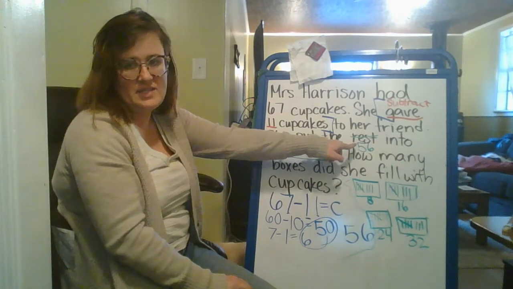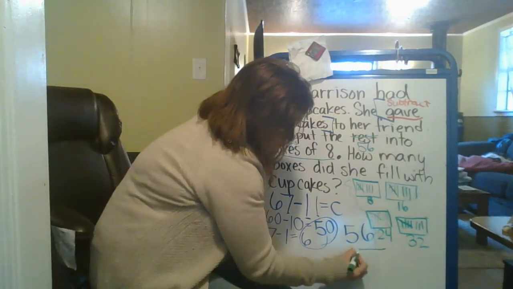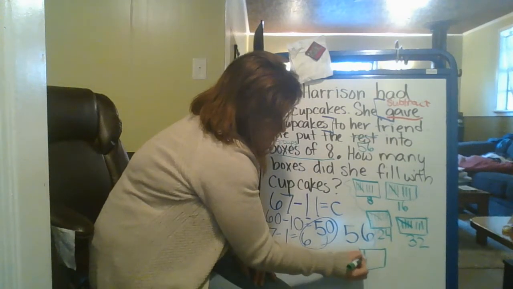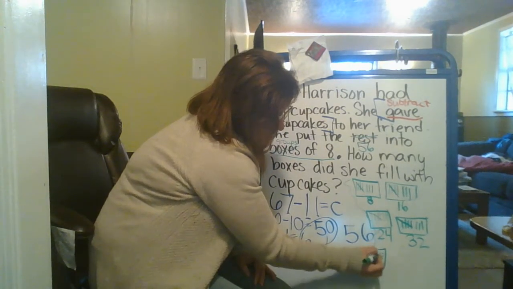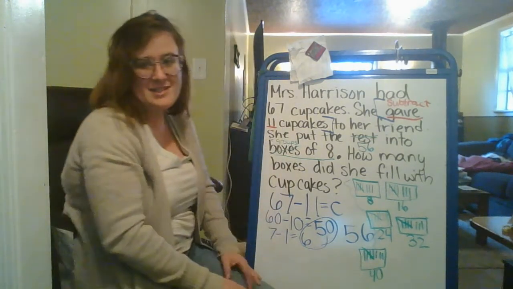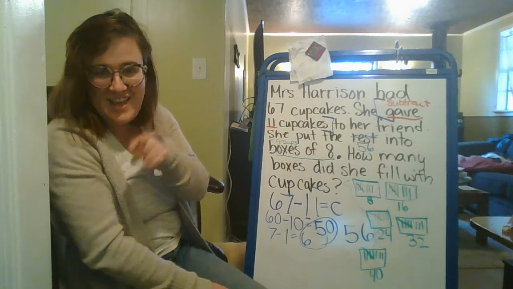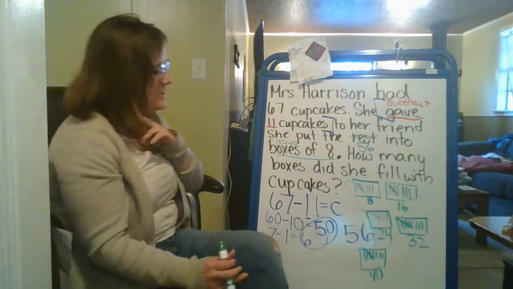All the way to 56, right? Still more cupcakes. 33, 34, 35, 36, 37, 38, 39, 40. Ooh, I bet some of you are thinking there's 16 left, and I know how many boxes of 8 you can make with 16.